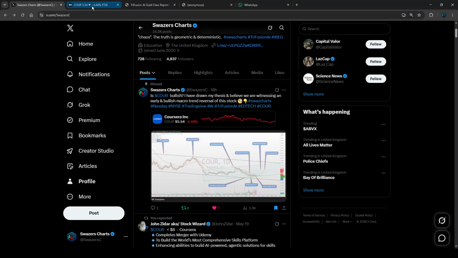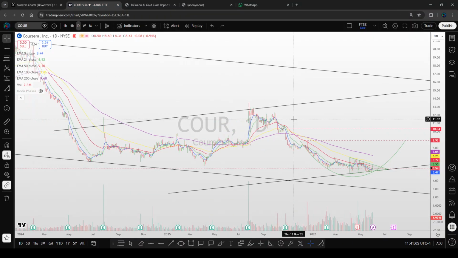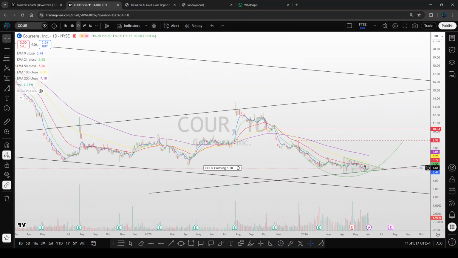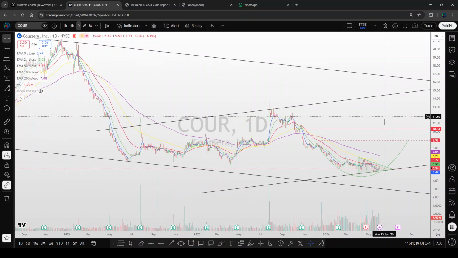In a nutshell, trend reversal. It's going, in my opinion, from a market maker, institutional perspective, from distribution to accumulation. Market structure, trend reversal.